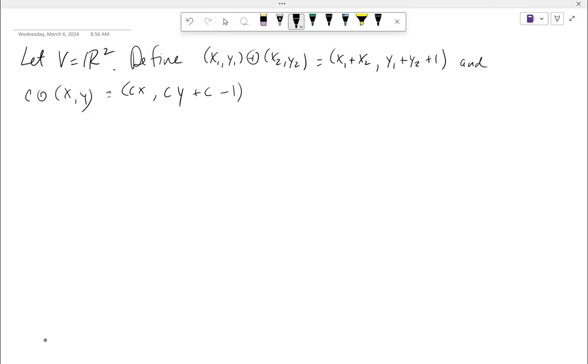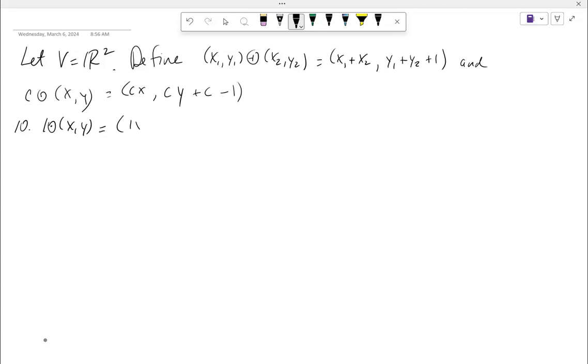I'm not going to do these in order because there's some that are easier than others. So let's try to take care of some of the easy ones. Let's take care of the last one. That one's pretty straightforward. If I do the 10th one, I'm not doing them in order because I want to get to the more interesting ones at the end. If I do 1 times (x, y), what do we get?